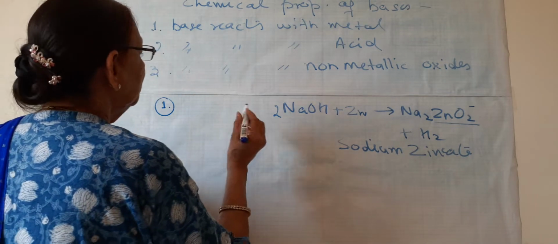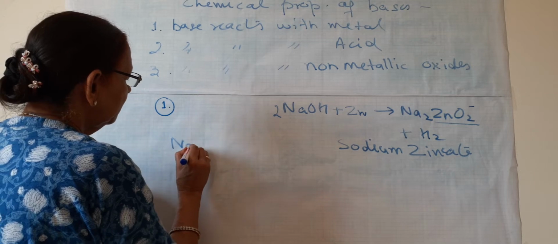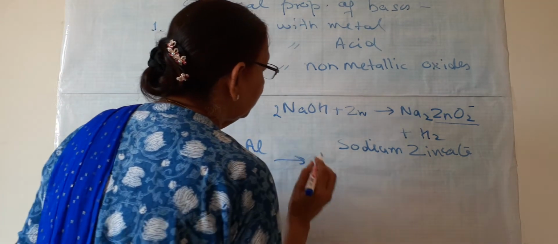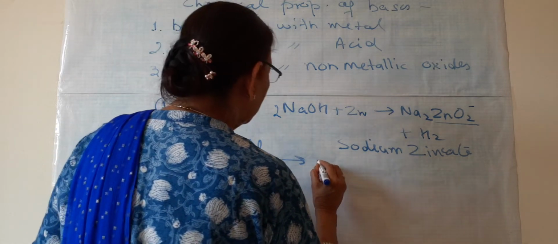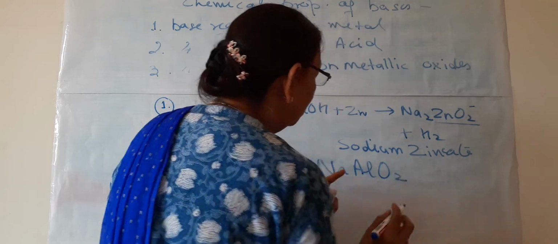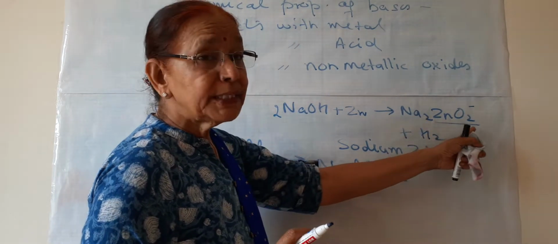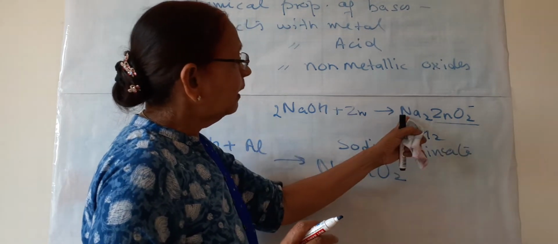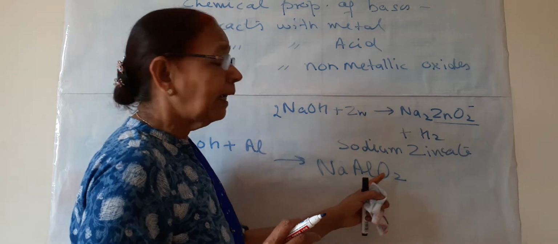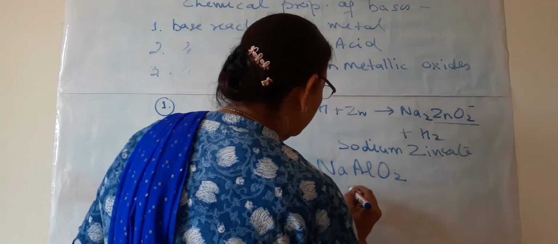I have told you aluminium can also react. So I will take aluminium. What will be formed? Again, NaAlO2. This is sodium aluminate. This is sodium zincate, see the formula? It is Na2ZnO2. This is NaAlO2. So this is sodium aluminate.